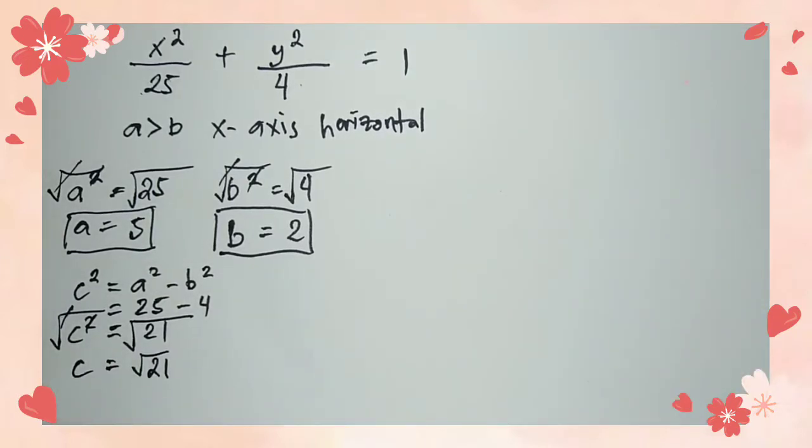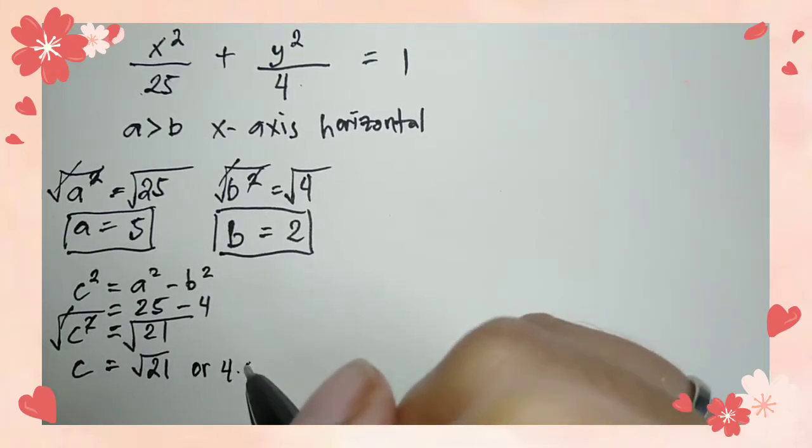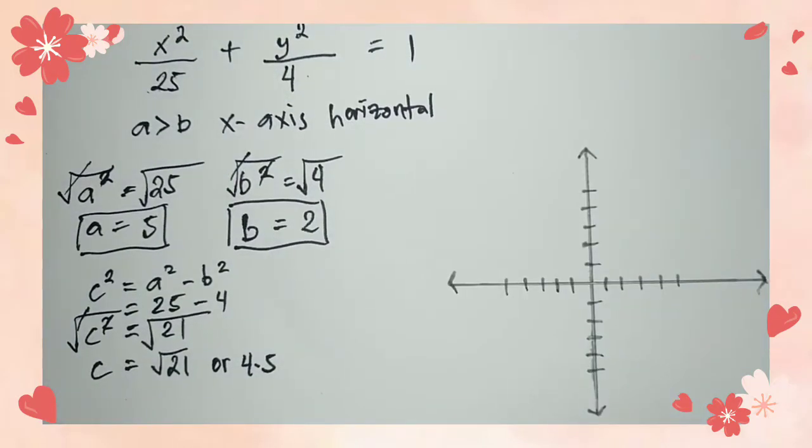And para hindi kayo mahirapan siyang i-plot mamaya sa Cartesian coordinate plane, try nyo na din hanapin yung square root of 21 since hindi siya perfect square, meaning to say may decimal point siya. So, square root of 21 or 4.5. And we are now ready to graph our ellipse.